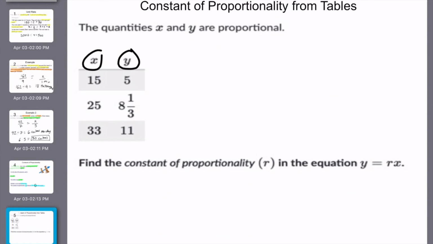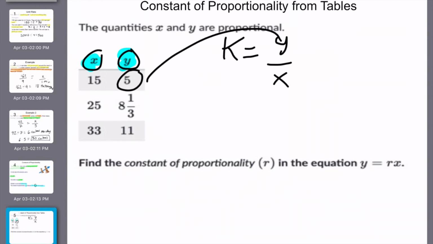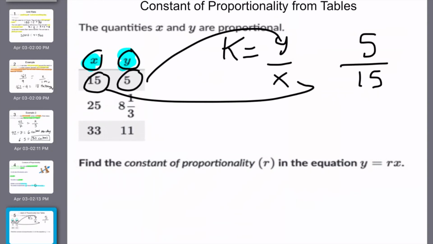Remember how it said that k equaled y over x? Well, we have y values and we also have x values. So what we can do is take these values and plug them in where they're supposed to go. So for example, I'm going to do 5 over 15, and that equals 1/3. So in this case, my constant of proportionality is 1/3.